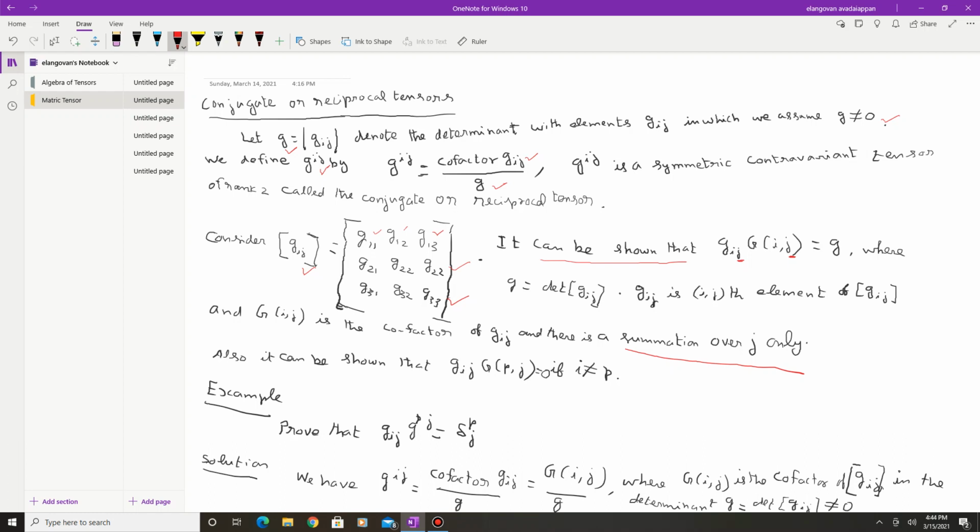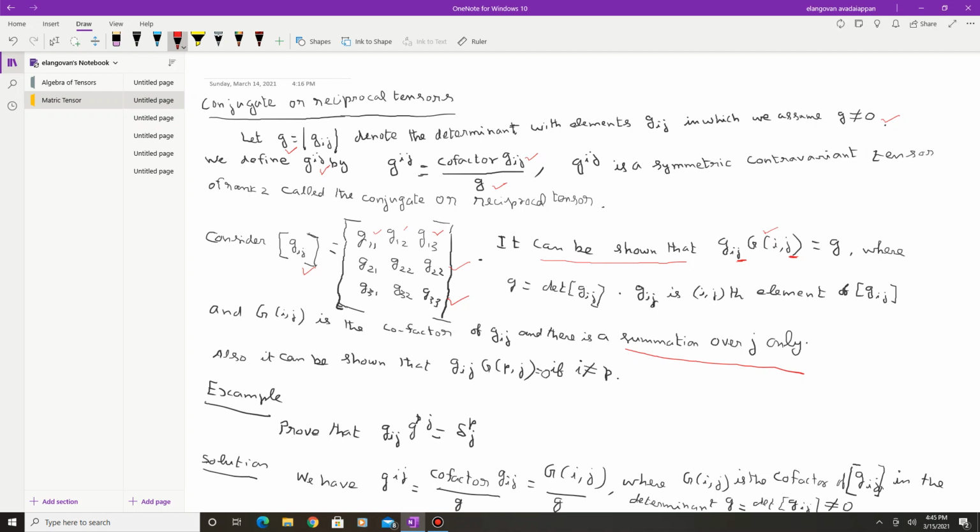If you take any one element in the ith row, gij, and multiply it with its cofactor, g of i comma j, where gij is the ijth element of the matrix, and perform the summation over j alone, for example, we choose i equal to 1, the first row, and j runs from 1 to 3 for a 3 by 3 matrix.